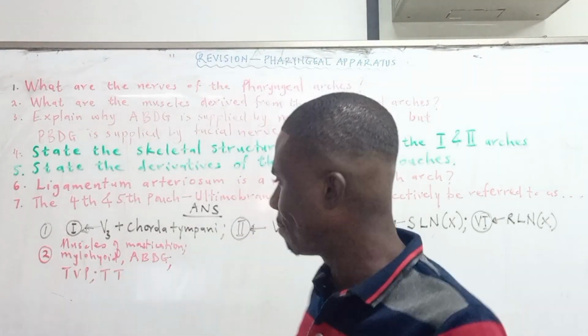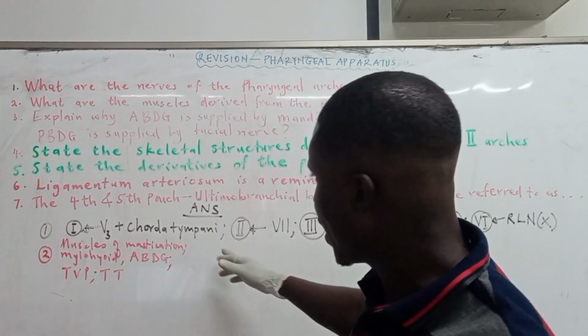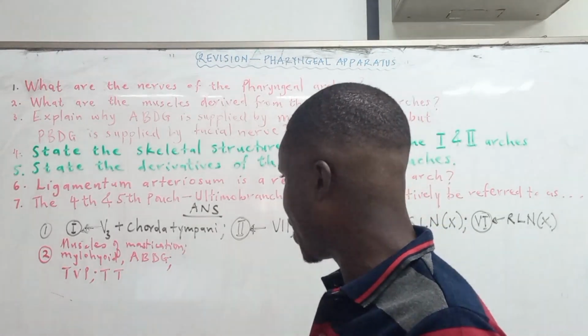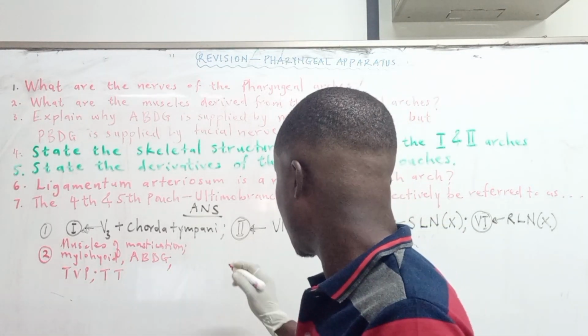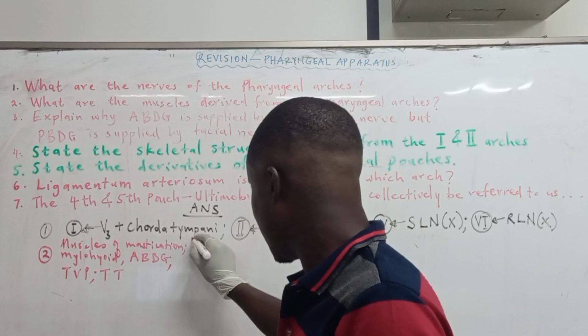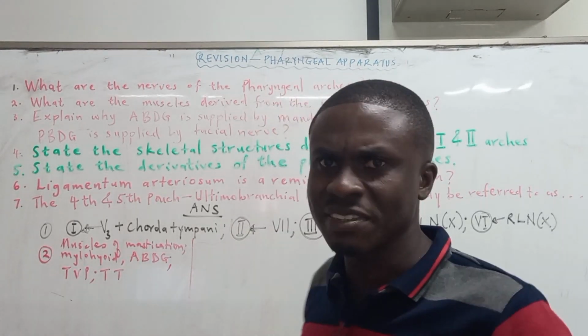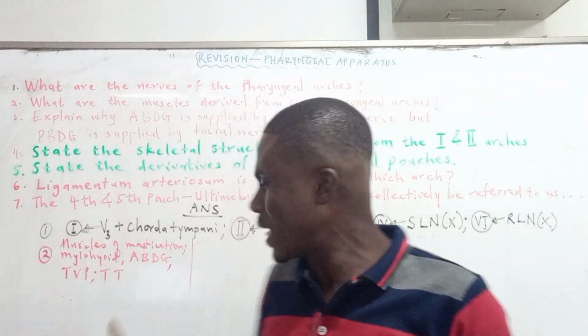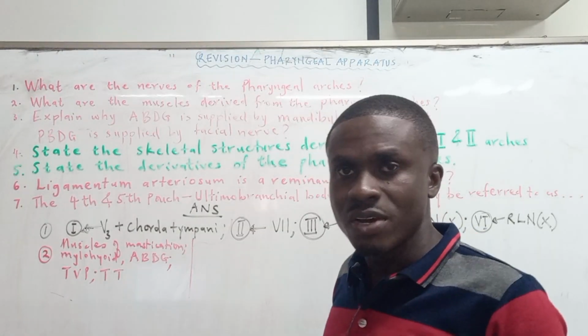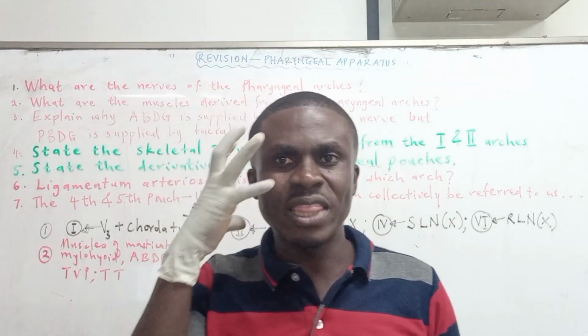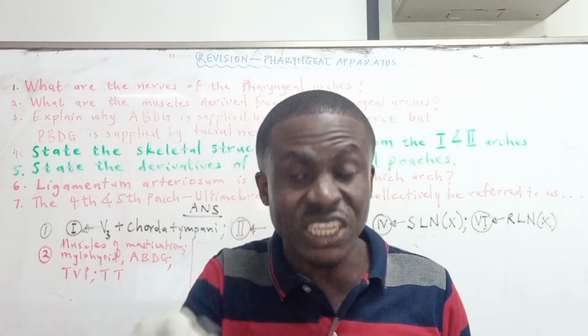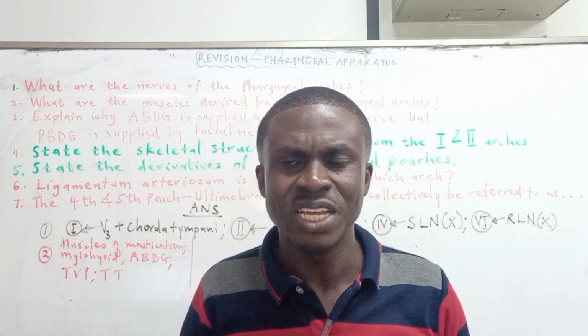That's what we see. Now, if you move on to that of the second arch, what are the muscles derived from it? Now, I told you that the nerve is the facial nerve. For this reason, all the muscles of facial expression are what we are talking about.